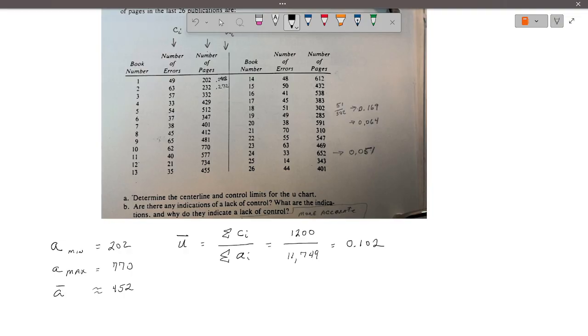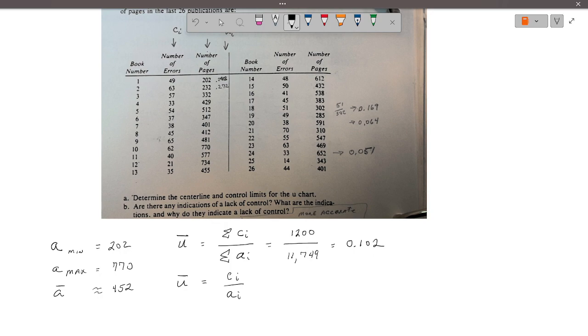Okay. There's another way to do this one, and I take the average and we take the C sub I divided by the area of opportunities here.